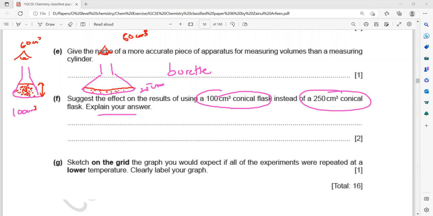So in a 100 cm cube conical flask the text will disappear in a short time, whereas in a 250 cm cube conical flask it will take longer for the cross or text to disappear. The reason is that 100 cm cube has a greater depth of solution, so it will be difficult to see through. Is it clear? That is how it affects the result.